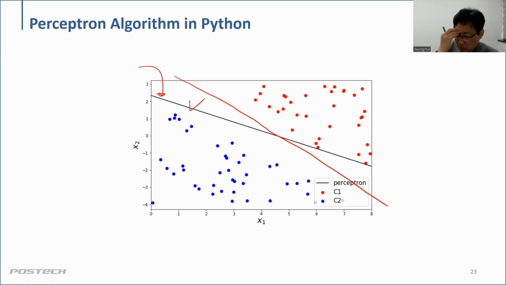So that's why I put the perceptron first for classification. It's good to understand what the classification problems are and how to compute the distance from any data point to the line, and utilize that to find at least the linear classifiers for linearly separable classes.